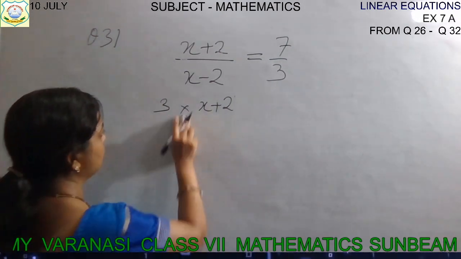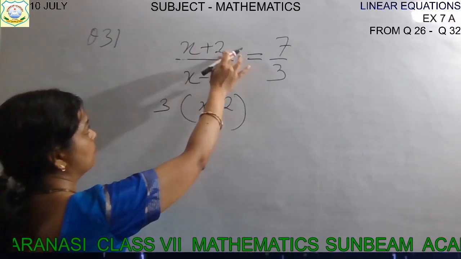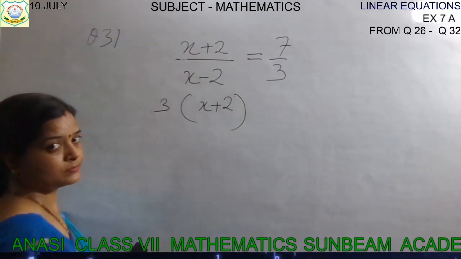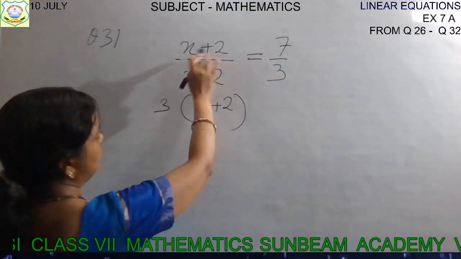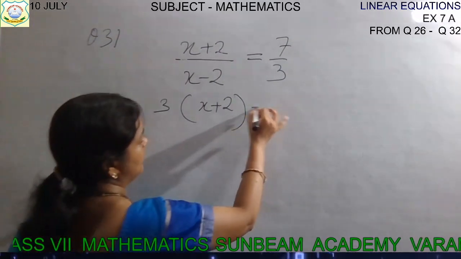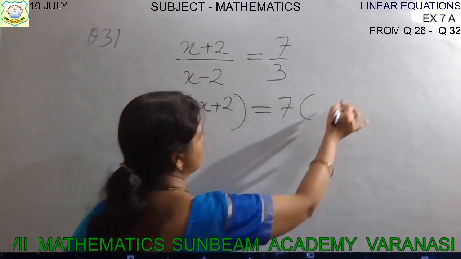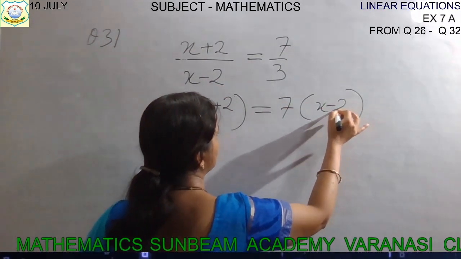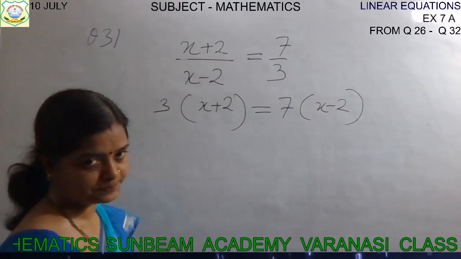So you have to keep it in a bracket, because 3 will multiply with both the terms. Right now it is a single one, but I am telling it separately. That is equal to 7. Now x minus 2 will be in a bracket, because with both x and 2, 7 will be multiplied.